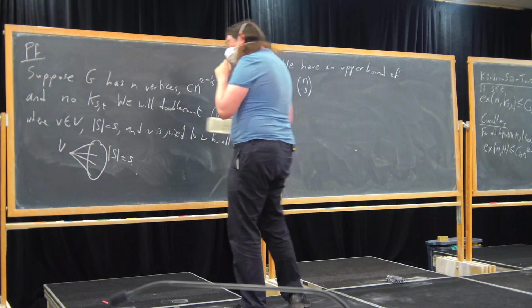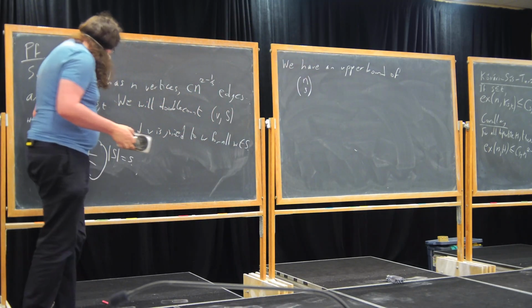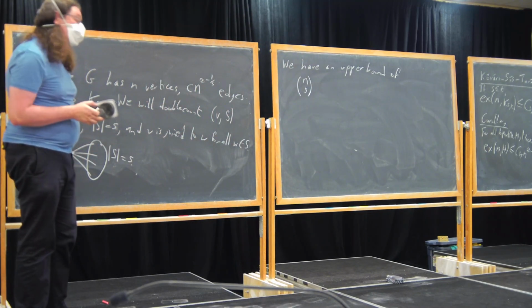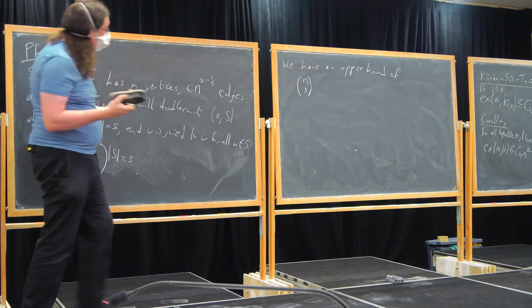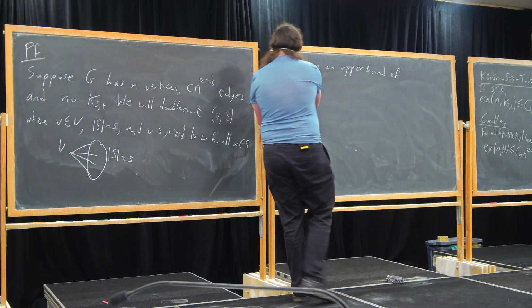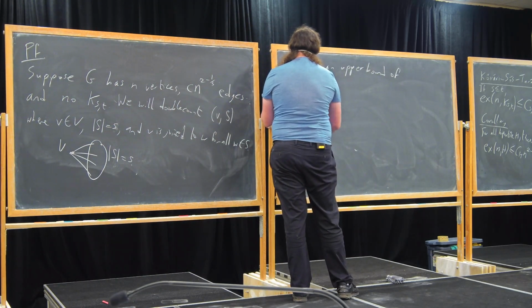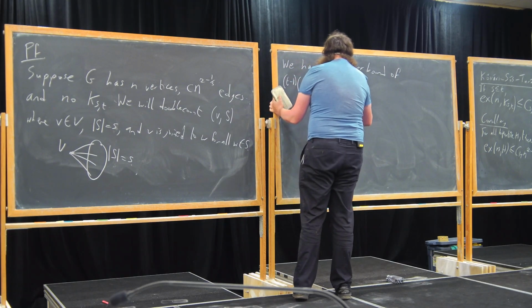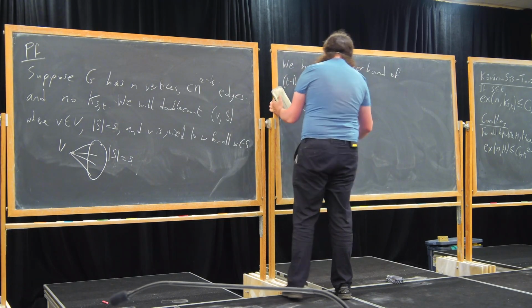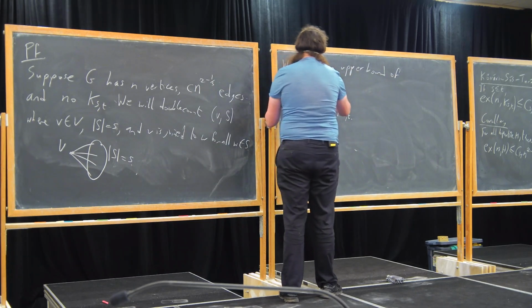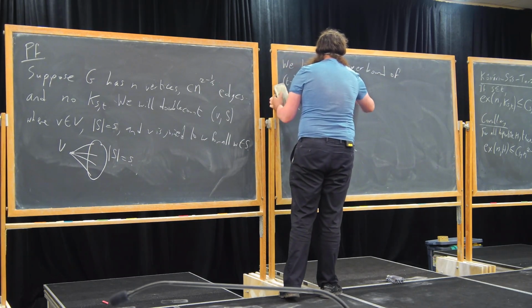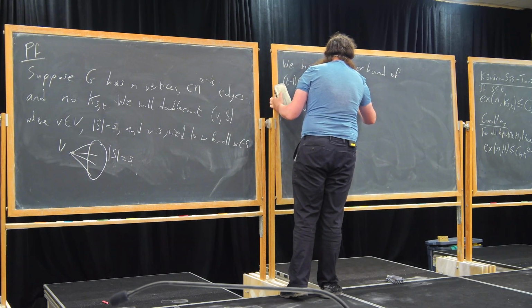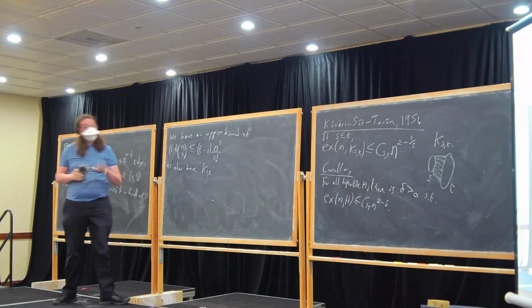My claim is that the number of v's connected to that is at most t minus 1, because otherwise we have a K_{s,t}. Let me upper bound this: it is at most t minus 1 times n to the s divided by s factorial. That's a very easy exercise.